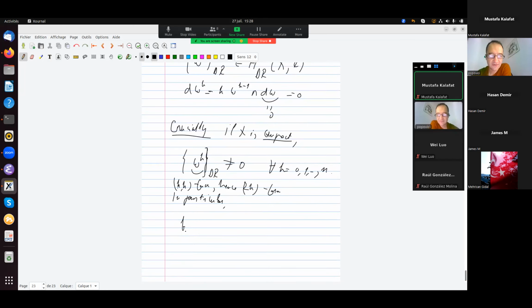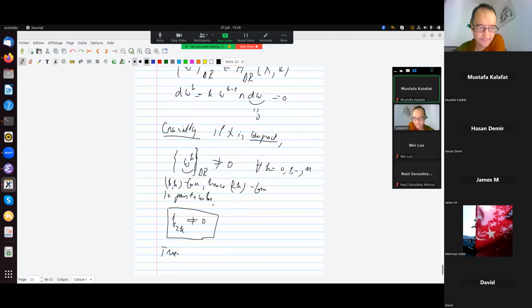So in particular, if omega is a Kähler metric, the Betti numbers of even rank are non-zero. Actually, it's even better than that, but this is the first thing that we get from this. If X is compact, the Betti numbers are non-zero, and therefore, if one of the Betti numbers of even rank is zero, the manifold cannot be Kähler.